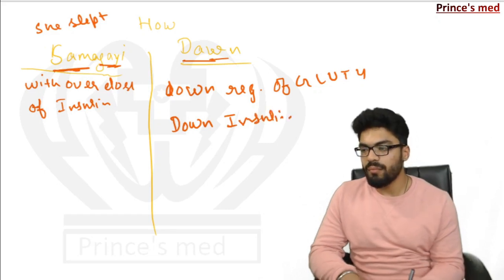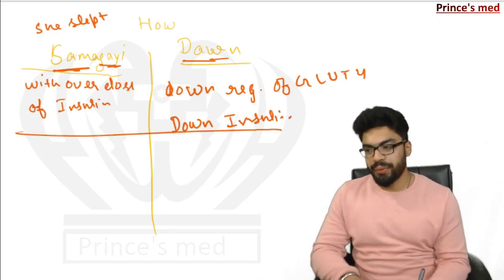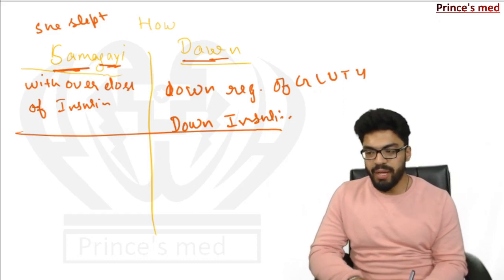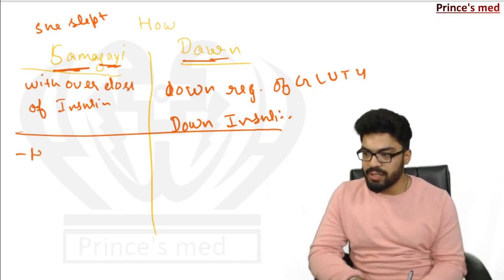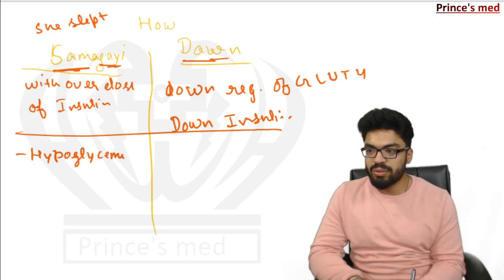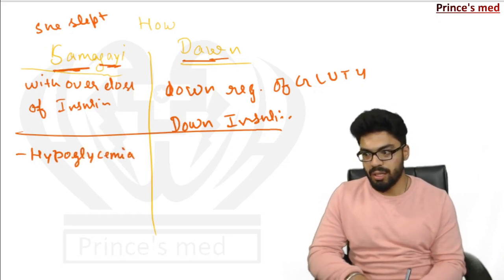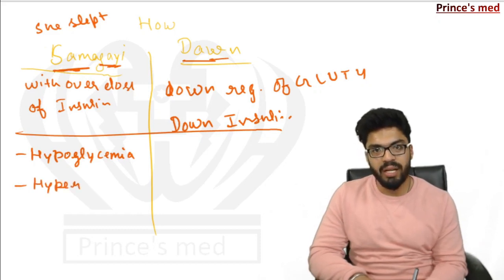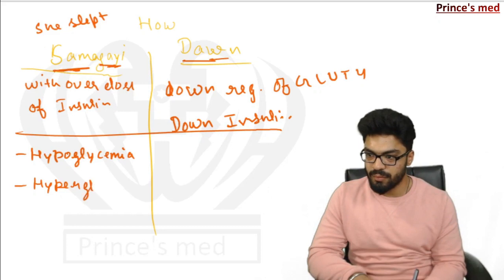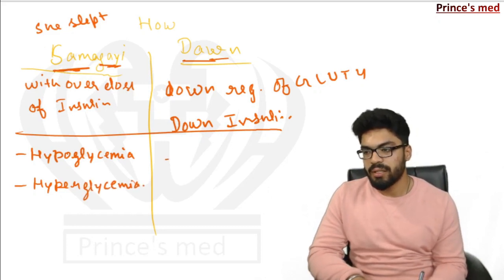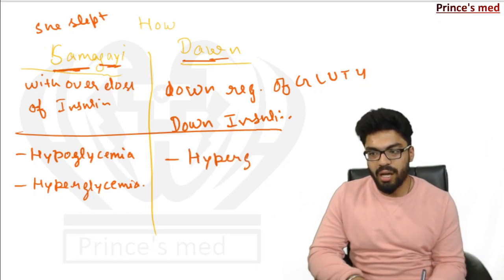Okay, and in Somogyi we have first hypoglycemia in the midnight, then due to rebound hyperglycemia takes place due to cortisol, growth hormone and glucagon. And in dawn phenomenon we have only hyperglycemia in the early morning.